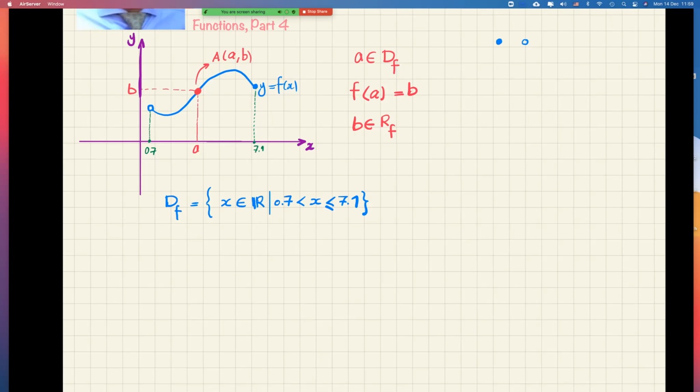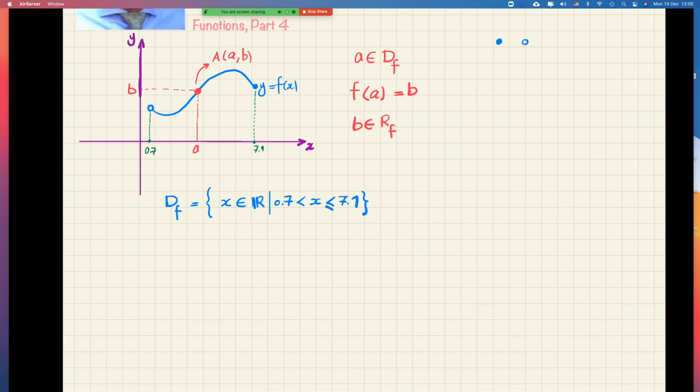Okay, and then I can also ask the range of the function, even though the range in general is very hard to calculate analytically, but not when we have the graph of the function. Actually, this is the reason that the graph of the function is so helpful, because we can answer hard questions by just looking at the graph of the function. So this is why we spend a lot of time and energy on understanding the graph of different functions.